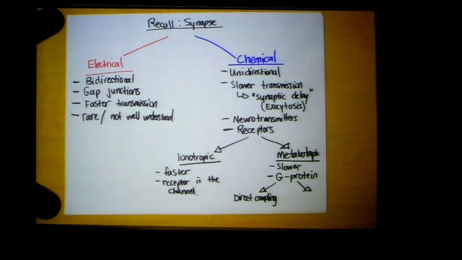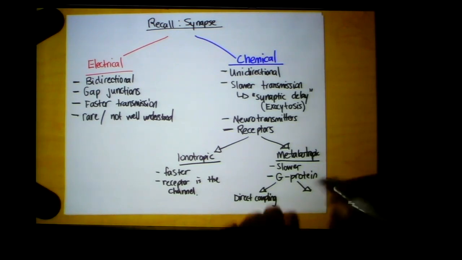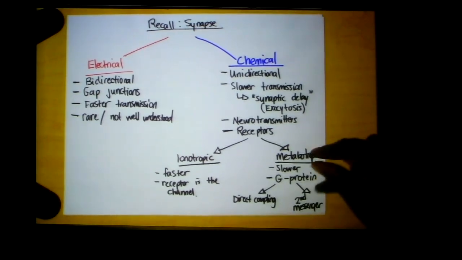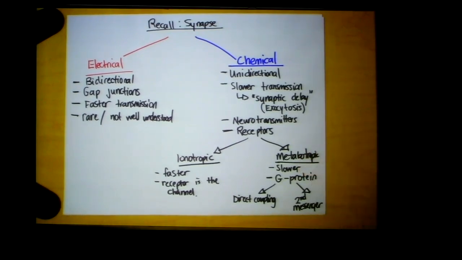It could be directly coupled to an ion channel, right? A part of that protein can activate this ion channel, or it could synthesize some second messenger. All right, so not to get confused here. Metabotropic receptors are slower, they require a G protein, and then that G protein could do one of two things. It could directly be coupled to another ion channel, or it could secrete some second messenger, which we'll talk about, that will then activate a cellular response in the cell.